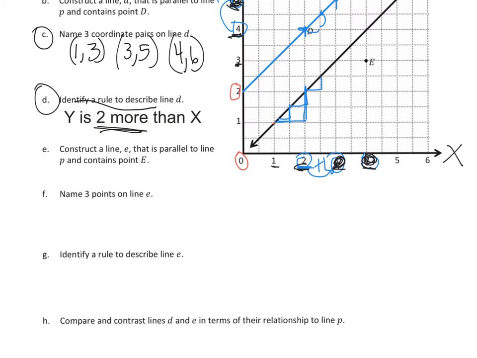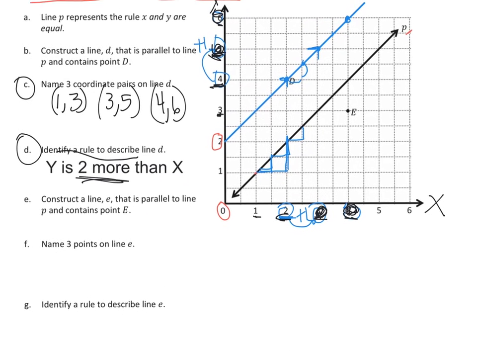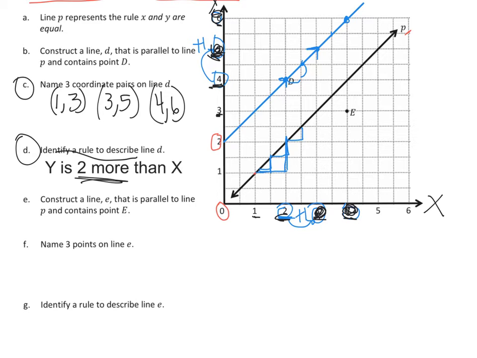For E, construct a line E that is parallel to line P and contains point E in it. So again, I'm pretty much going to mimic what I did. I can take a line and just drop it down to point E here and make sure that they don't intersect.